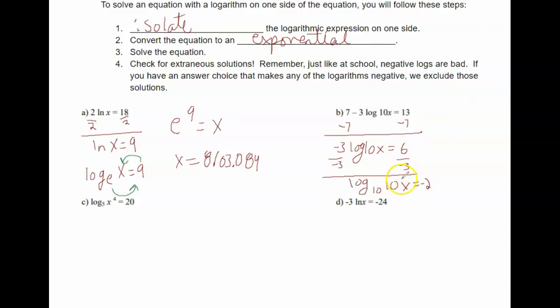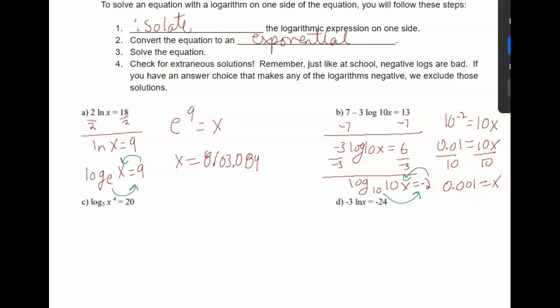If I loop that, I get 10 to the negative 2 equals 10x. You can solve this a couple different ways. Or think of it, this is 0.01. So 0.001 equals x.